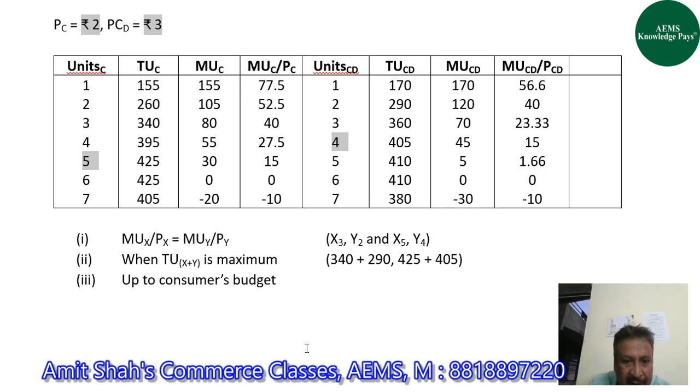If he has less than rupees 22 but more than 12, then his equilibrium point would be 3 units of x and 2 units of y, and not 5 units of x and 4 units of y.